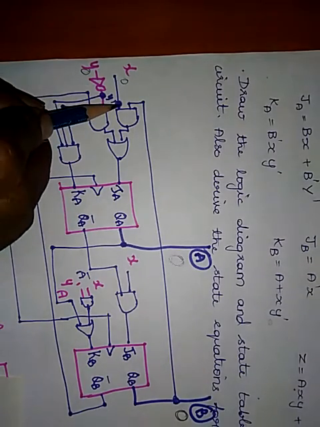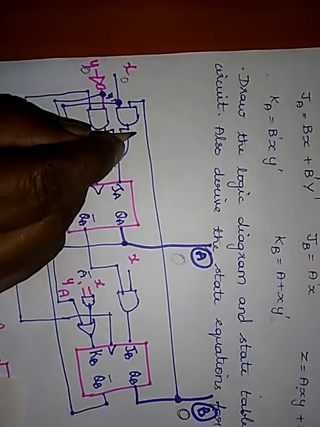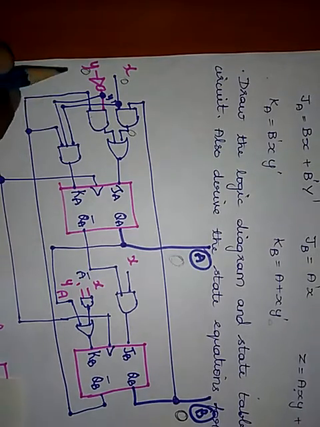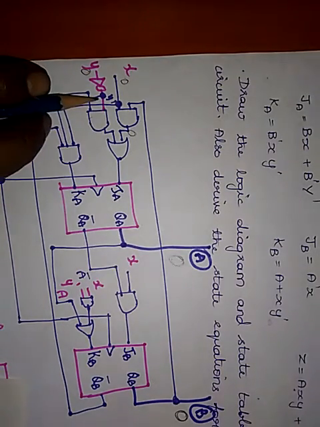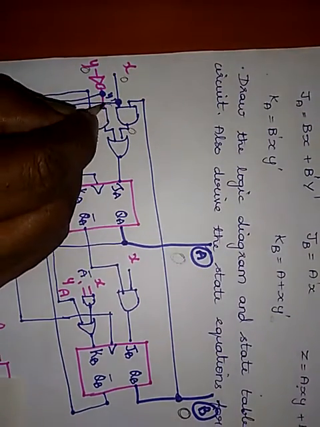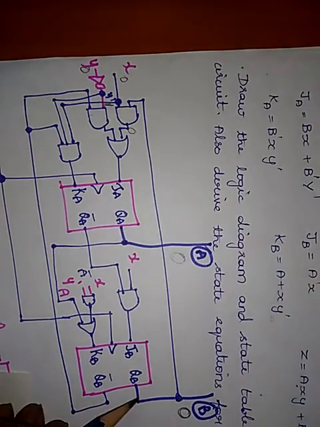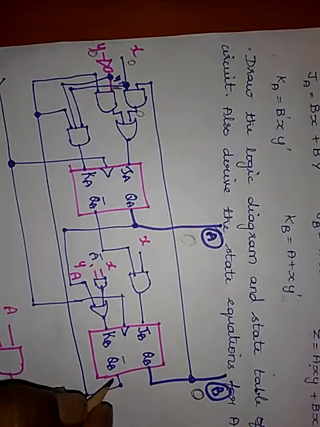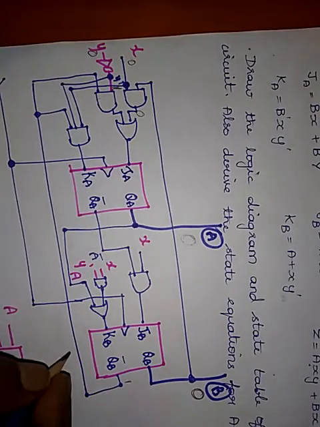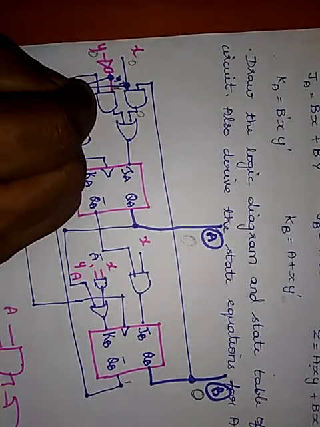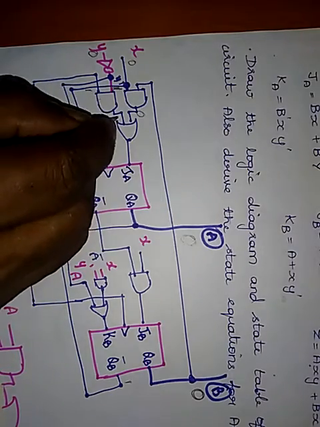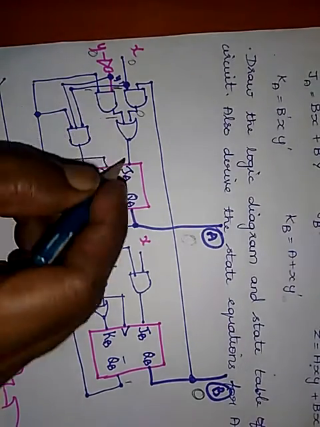Since this is 0, for AND gate, the output is 0. So here it will be 0. Since this is 0, this will be 1. So one of the inputs here will be 1. You have another input, it comes from here. Since this is 0, this is 1. So this 1 will come straight into the AND gate. 1, 1 will be 1. 0, 1 for an OR gate is 1.